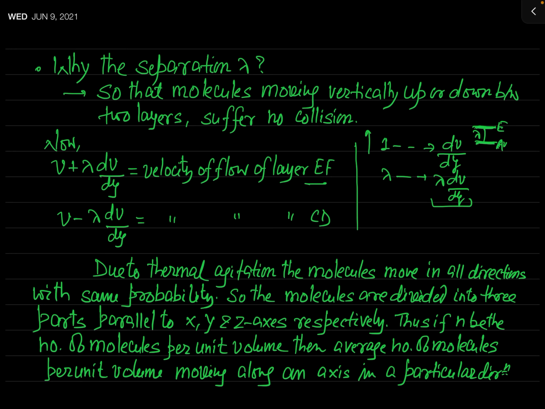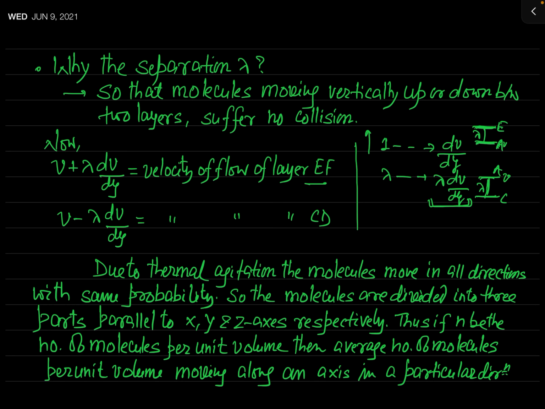Similarly, if v is the velocity of flow of layer AB and CD is another layer which is lambda distance below AB, then when you move from AB to CD, velocity will decrease by the same amount, because in the downward direction velocity decreases and in the upward direction velocity increases. So to find the velocity of flow of the gas in layer CD, you simply subtract this decrement, lambda dv by dy, from v.